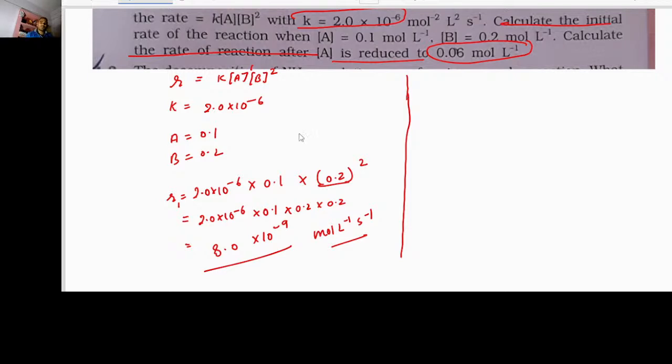Now the second part we are going to, student. In the second part, they are saying we have to calculate the rate when A is reduced to 0.06. So A, the final concentration, is 0.06. This we have to take. Now what will be the B?